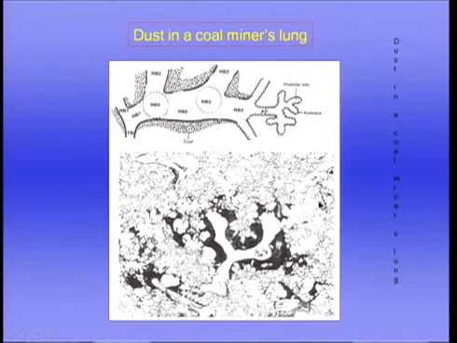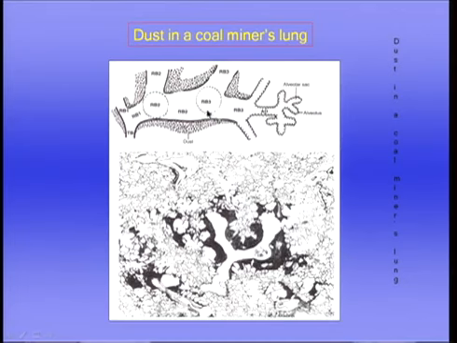I can see it, but it's not easy for someone who's not familiar with these things to see it. So the artist has put in a cartoon at the top to show us what's happening. As you can see, the dust is found in the immediate vicinity of the terminal and respiratory bronchioles. The peripheral alveoli are completely spared of dust.